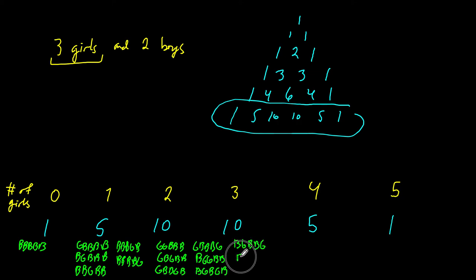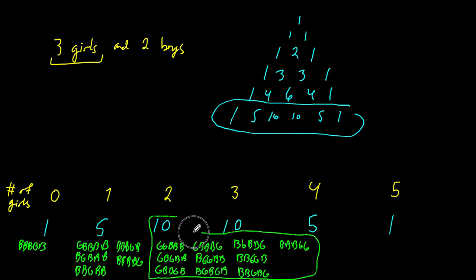Next, what if the first two are boys? We can have 2 girls right here and a boy. We can also have boy, boy, boy, girl, and lastly, 3 boys and 2 girls. All of these give us 10 possible choices for two girls.